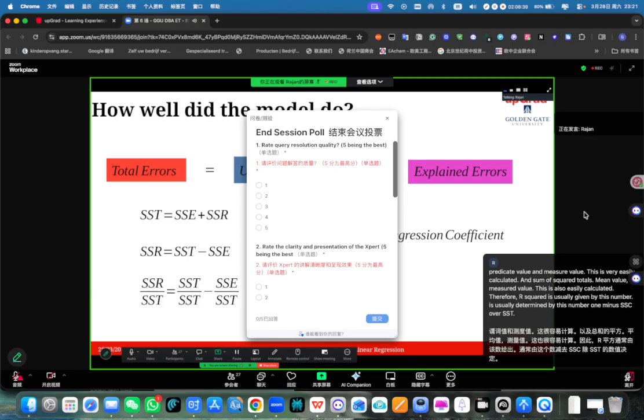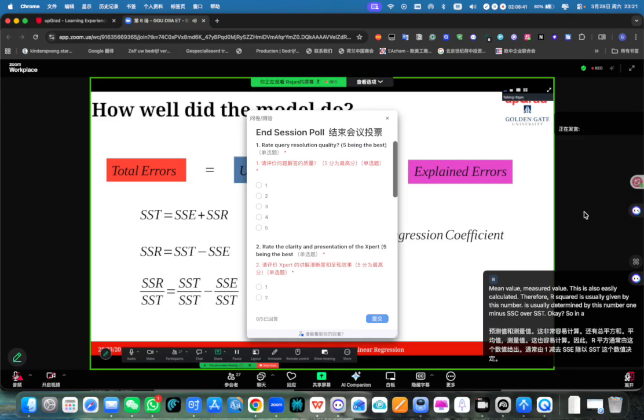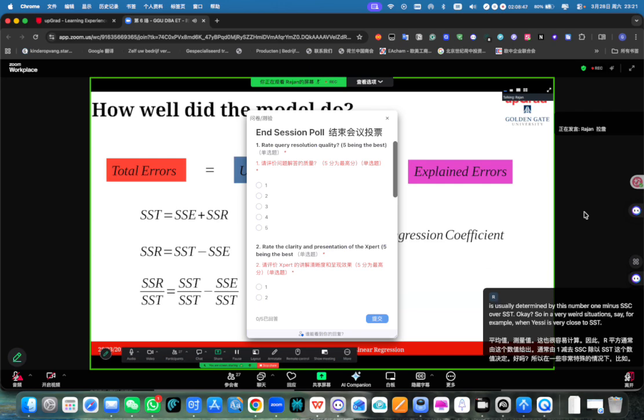In very weird situations, say for example, when SSE is very close to SST, this R squared will be close to 0. And if you have some floating point errors in your calculations, then this could turn out to be negative. So occasionally R squared can turn out to be negative.